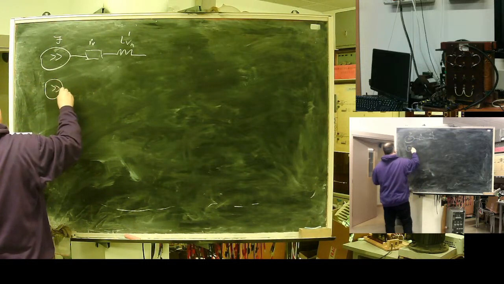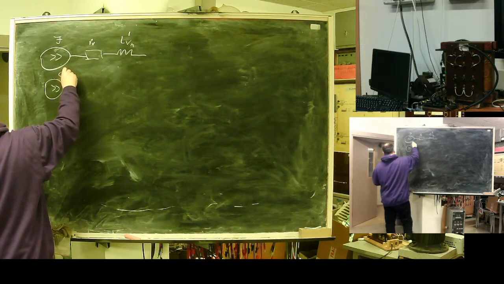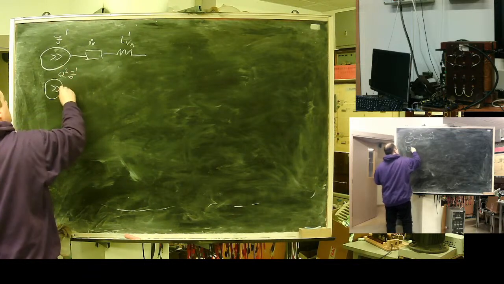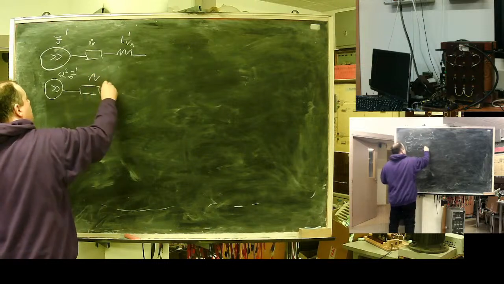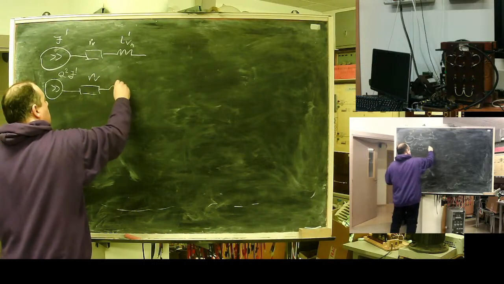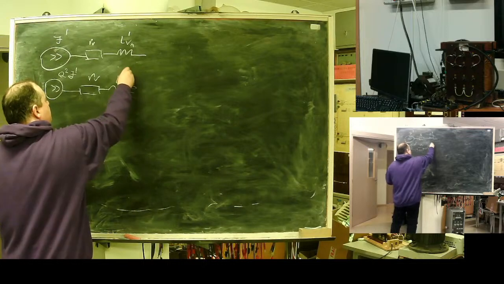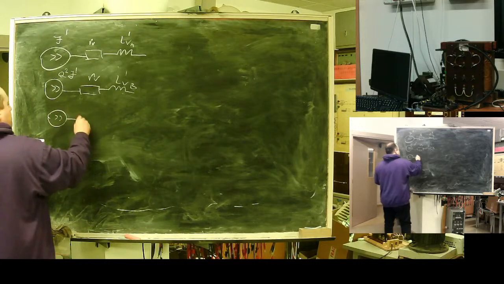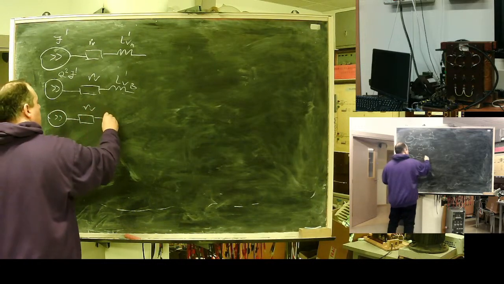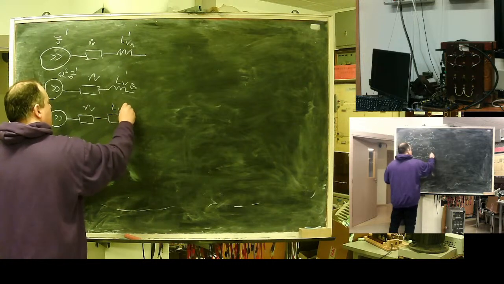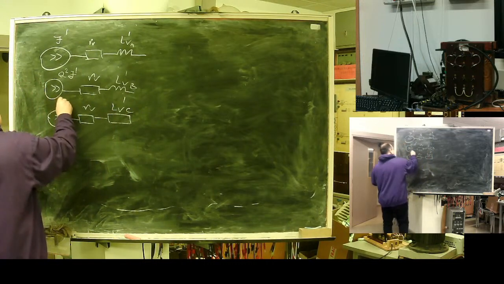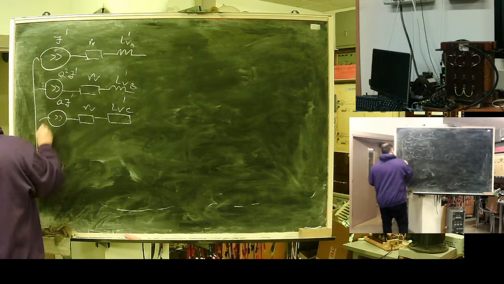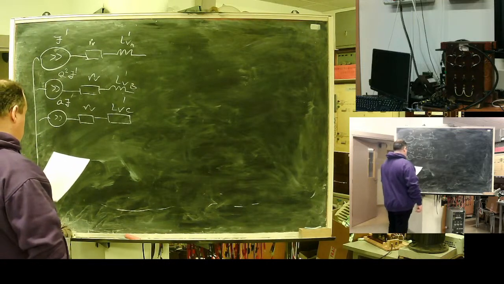This will be a square, L wire B for the first line, and one more L wire C for the first line, and this one is A for the first line. This will be grounded.